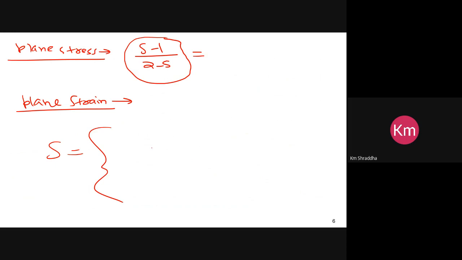Mu upon 1 plus mu. Are you sure? Minus, minus mu. Who told this minus? Saugand, very good. There should be a minus, you are absolutely right. So don't make silly mistakes in the midsem because small mistakes can lead to big losses.